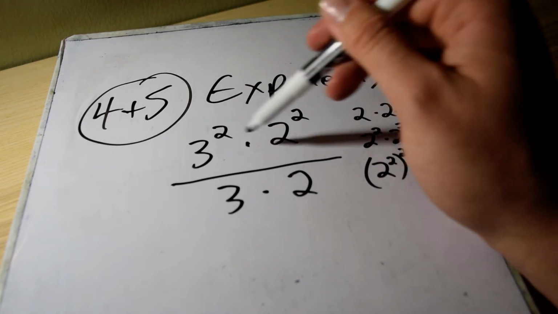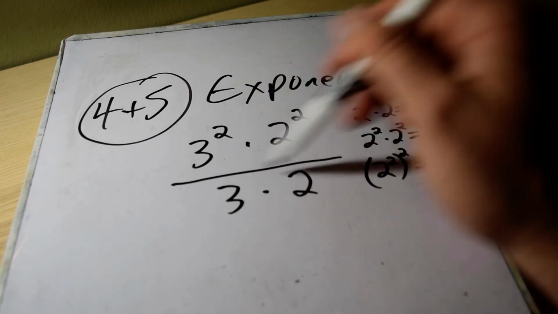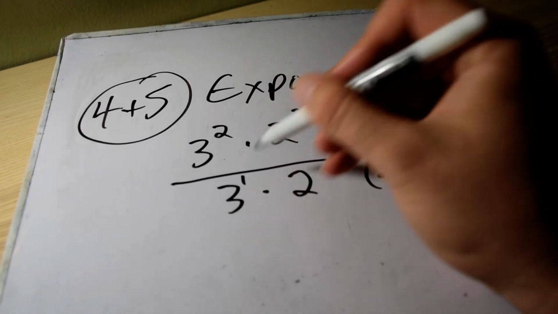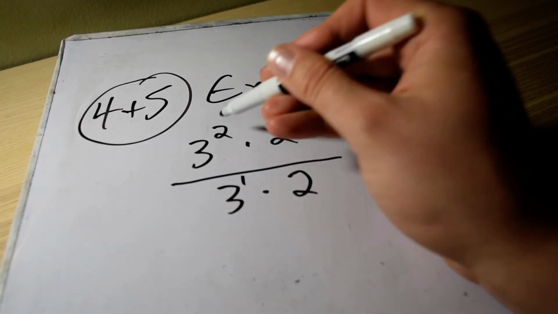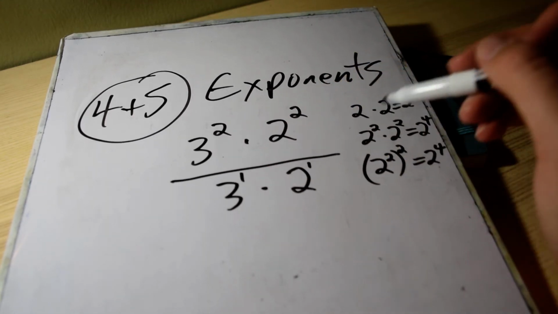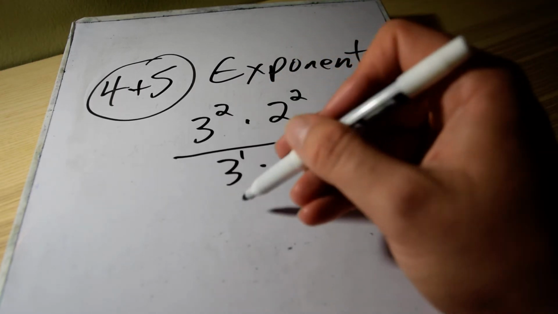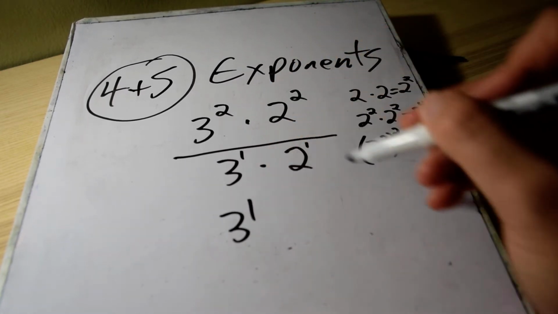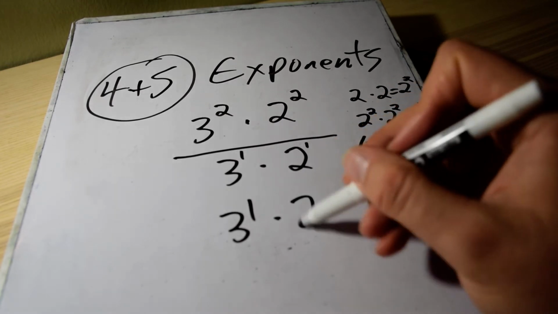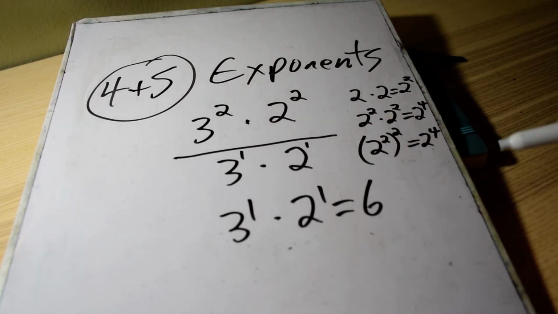So the 3 squared times 2 squared, you can't bring those together. But there is this division. And so when something is underneath, you subtract. So we've got an implied 1s there, and 3 squared over 3. Well, that just leaves us with 3 to the 1 times 2 to the 1, or 6 overall.